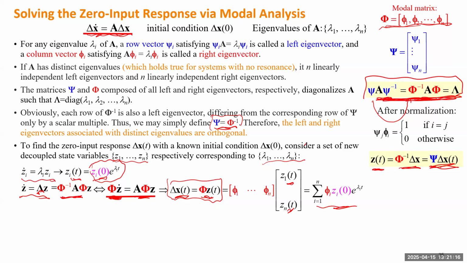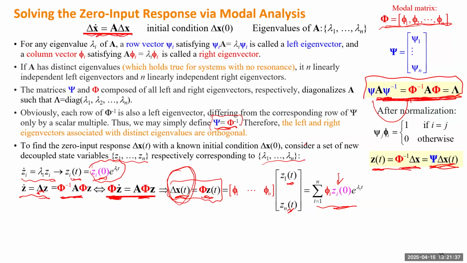Now we only need to know what this Z0 is. Z0 just indicates the initial excitation, or initial amplitude, of the mode. If we can solve this, we know this value. Using this formula, we can directly calculate the response of the state variable.